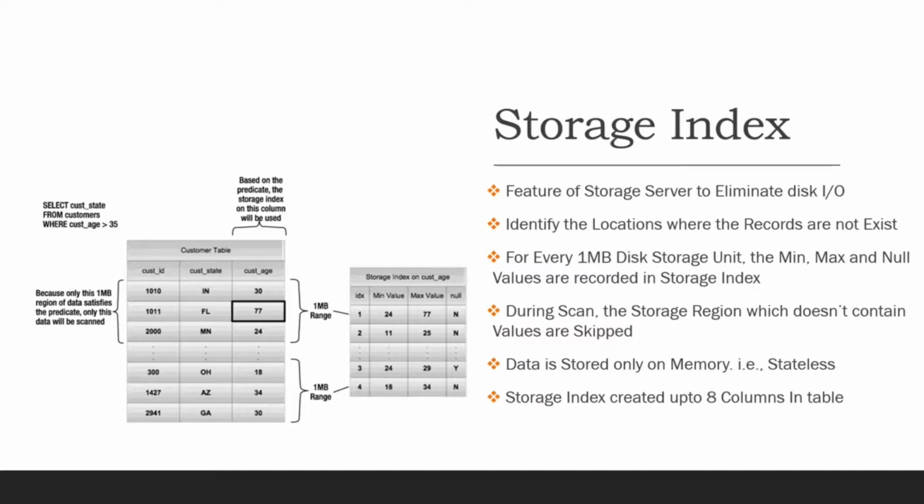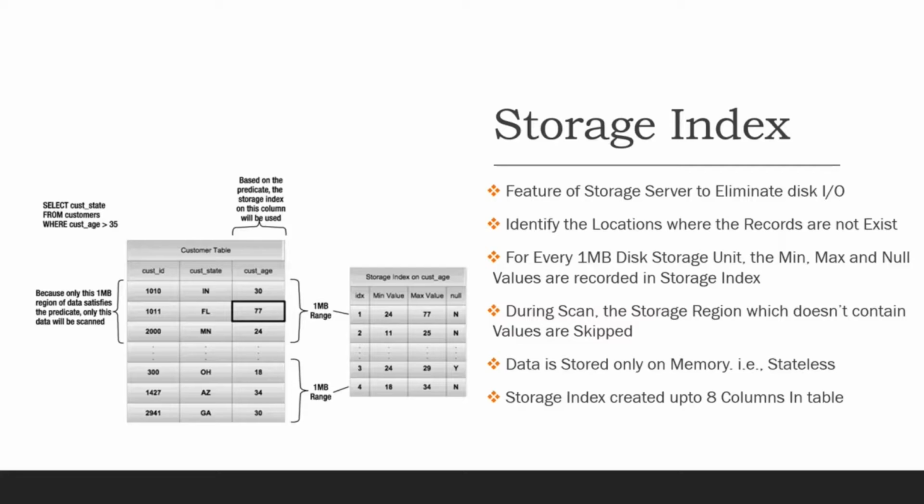So how is this achieved? For every 1 MB disk storage unit, the min value, max value and null values of the underlying data are recorded in the storage index. Using that metadata, whenever you run the query, the storage server checks the metadata and skips the entire storage region if the value does not match.